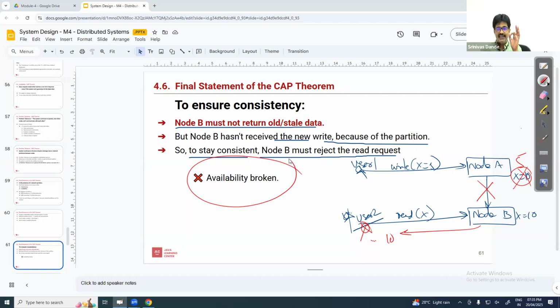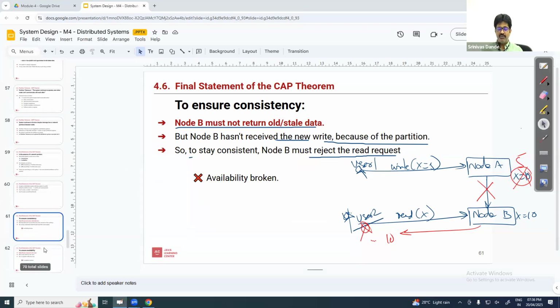If you want the system to be consistent, then node B has to return the latest value. If node B doesn't have the latest value, node B has to drop the request, reject the request. Then you can say that the system is not available. Availability is broken. Okay. Then go to the next.